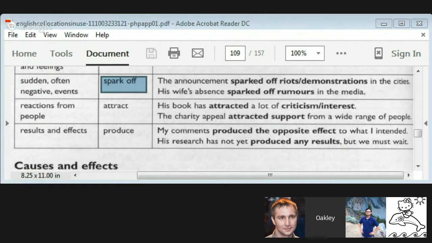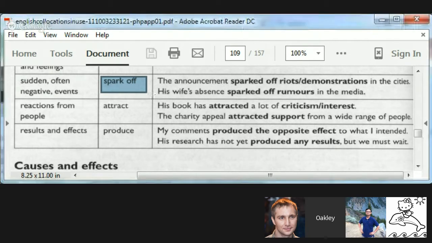Trigger is less formal and more conversational. I would hear human beings in real conversations use the word trigger. Yep, he triggered a reaction that he just couldn't stop. Sure, things like that. Absolutely.